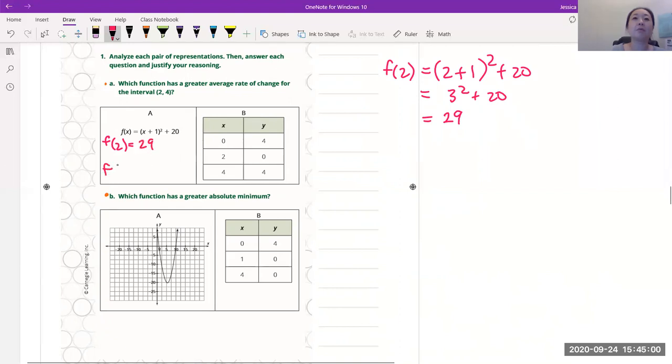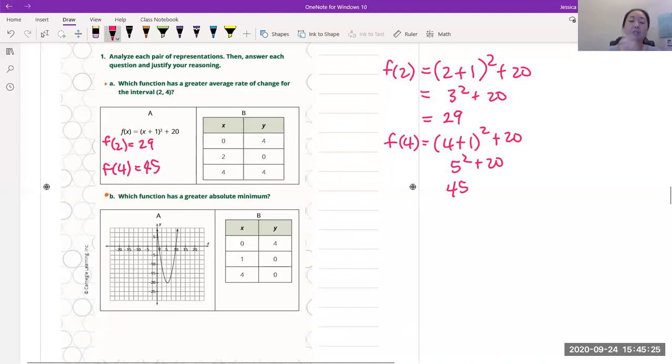And then f of 4. So f of 4 is going to be same thing, 4 plus 1 squared plus 20. So this is going to be 5 squared plus 20. So that's going to be 25 plus 20 is going to be 45. Okay, so I'm going to find the rate of change, which is going to be, again, 45 minus 29 over, and what's it going to be between 2 to 4, right?